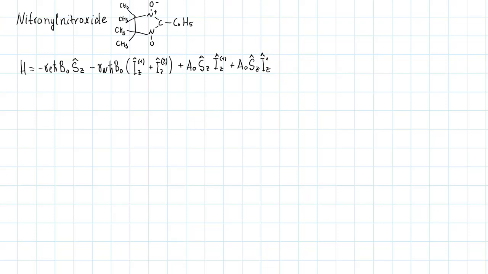Let us now determine the eigenvalues of this Hamiltonian. I will start by reminding you of the eigenvalues and eigenvectors of the operator S_z, and also the eigenvalues and eigenvectors of the operators I1z and I2z.